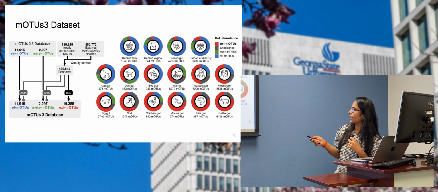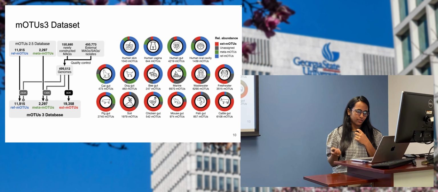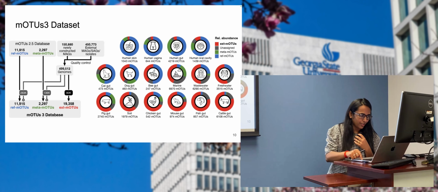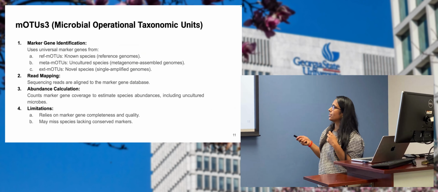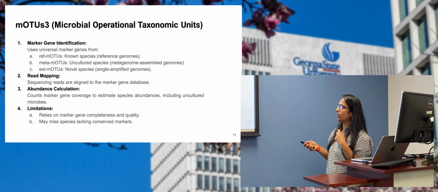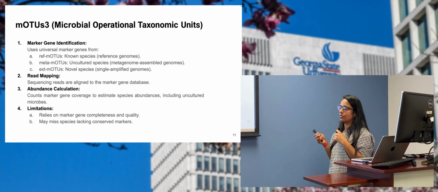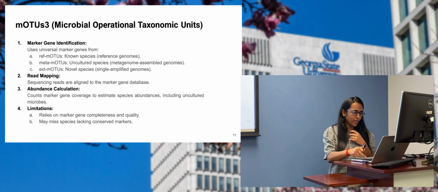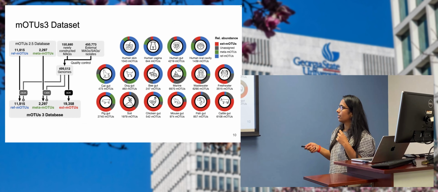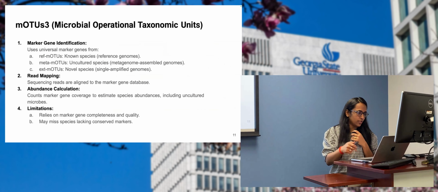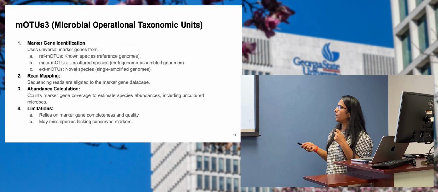So this is the data set, and from the environment we can get any of it. Let me explain the steps for the Motus tool. First we make a database, like here, the same process. Then read mapping: the sequence reads are aligned to the marker gene database.